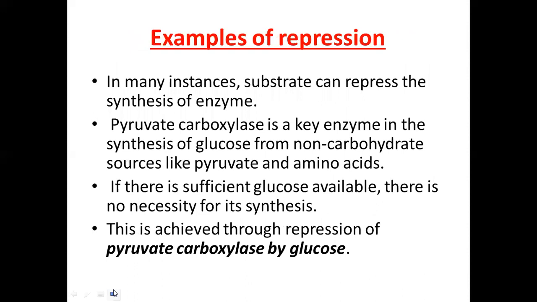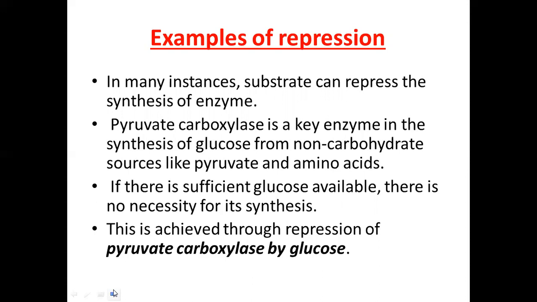Next is the example of repression. Repression means that there will be less synthesis of a certain enzyme, or the synthesis of the enzyme will be repressed. It should be suppressed. It should be stopped. In many instances, the substrate can repress the synthesis of enzymes. The enzyme is pyruvate carboxylase, and it's a key enzyme in the synthesis of glucose.